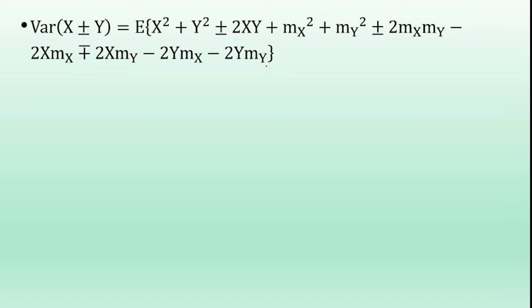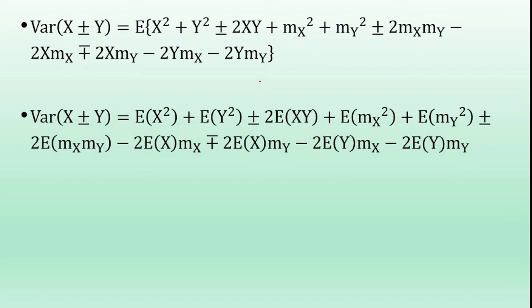Next, applying the expectation into each term according to the properties of expectation. And what is that property of the expectation? Expectation of a sum of random variables is equal to the sum of their individual expectations.